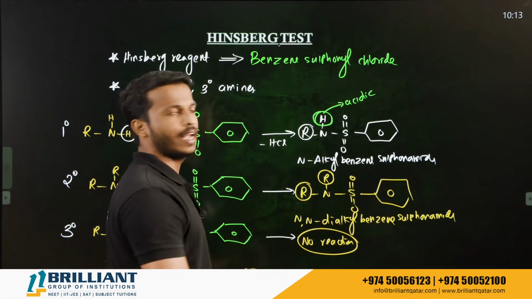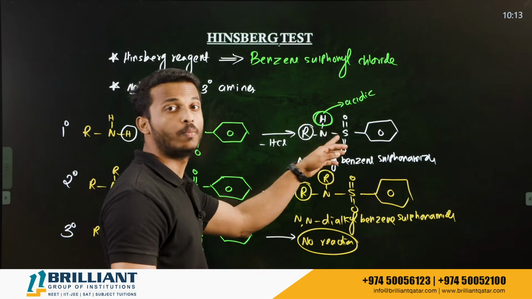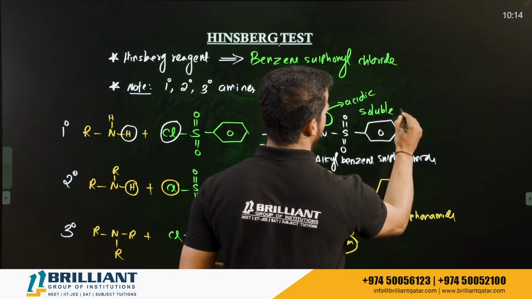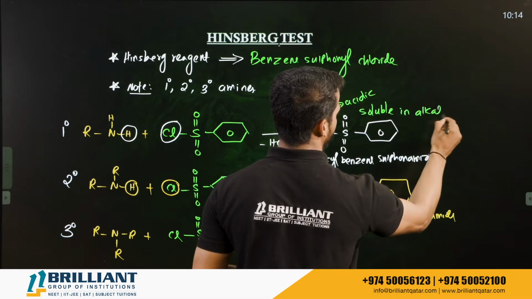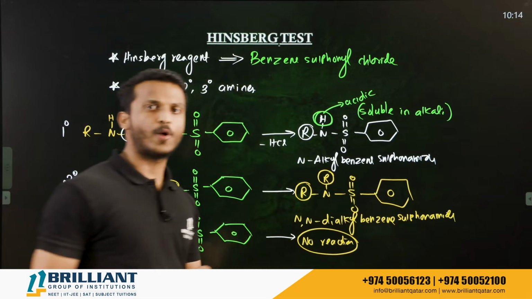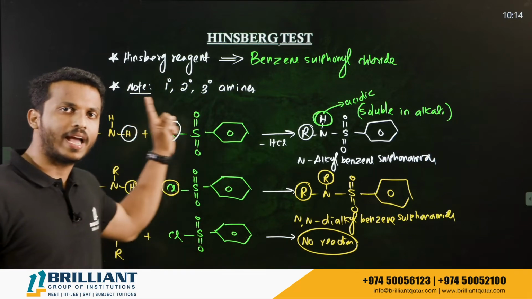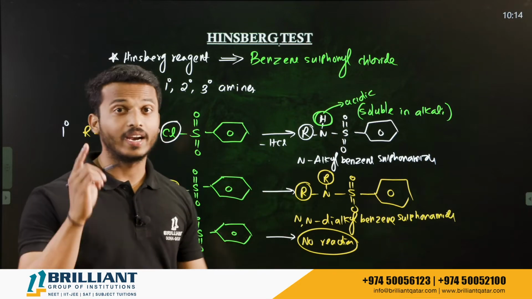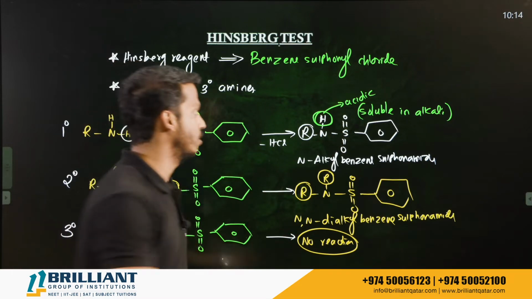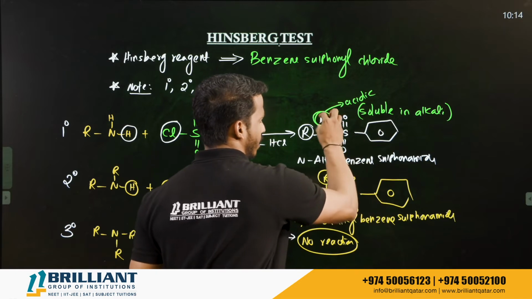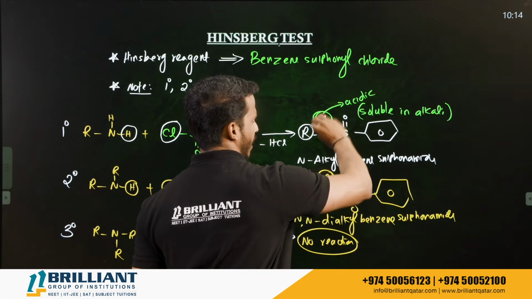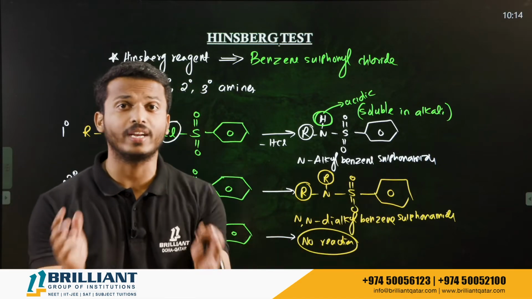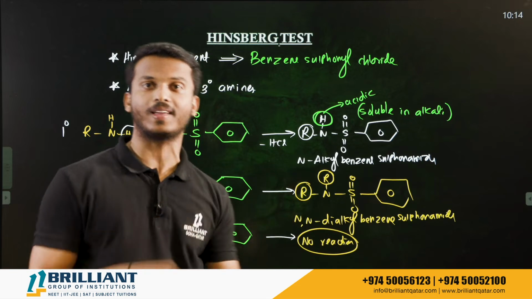If it is acidic in nature, this precipitate is soluble in alkali, which means base. What is the point, all of you? The primary amine reacted product has a hydrogen on nitrogen. That hydrogen is acidic in nature because the sulfonyl group is an electron withdrawing group. It will increase acidity. You can give this H as H plus ion. So overall the compound is acidic in nature, and it can dissolve in alkali.